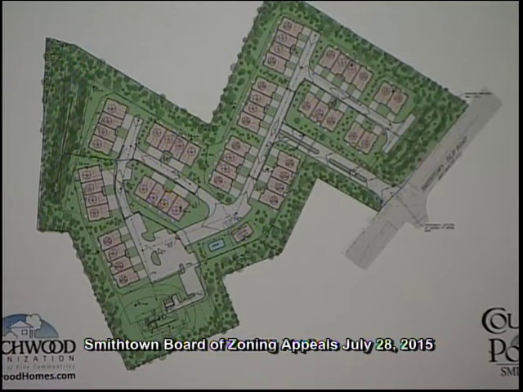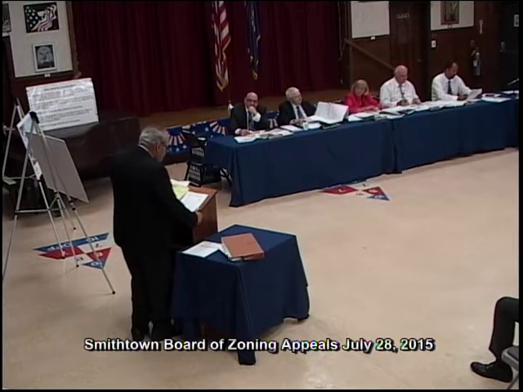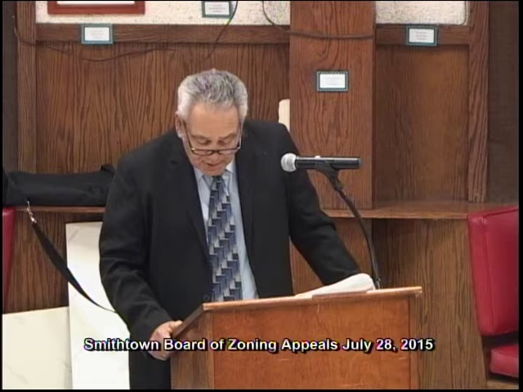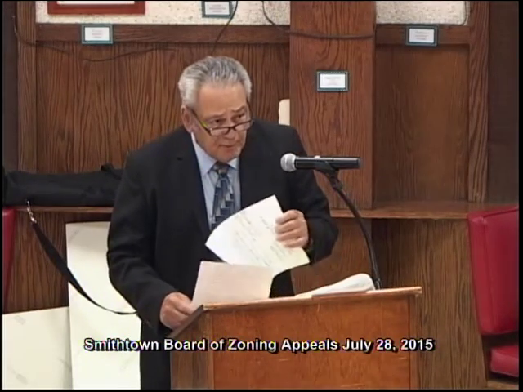So the idea of this whole application today is to ask this board for some variances which are really not substantial, but would help the design and the application of the units on the property. This board granted variances some time ago, and they did grant 69 units, although those units were just slightly smaller than the ones that we're applying for today.